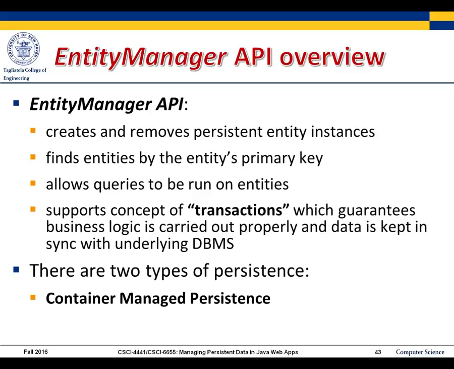And as I said, there are two basic kinds: container managed and application managed, sometimes called bean managed. Sometimes you'll see these terms as CMT, which is container managed transactions, and BMT, bean managed transactions, but they're the same thing as this, just different names.